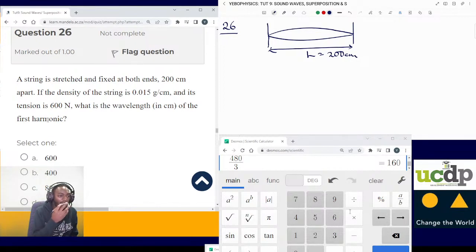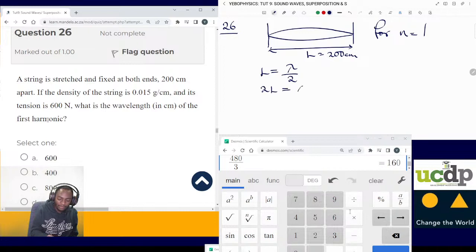What are we being asked? We're asked to find the wavelength of the first harmonic, where n is equal to 1. This is half a wavelength, so the length is equal to wavelength over 2. Which means 2L is equal to the wavelength. So 2 times 200 centimeters equals lambda.